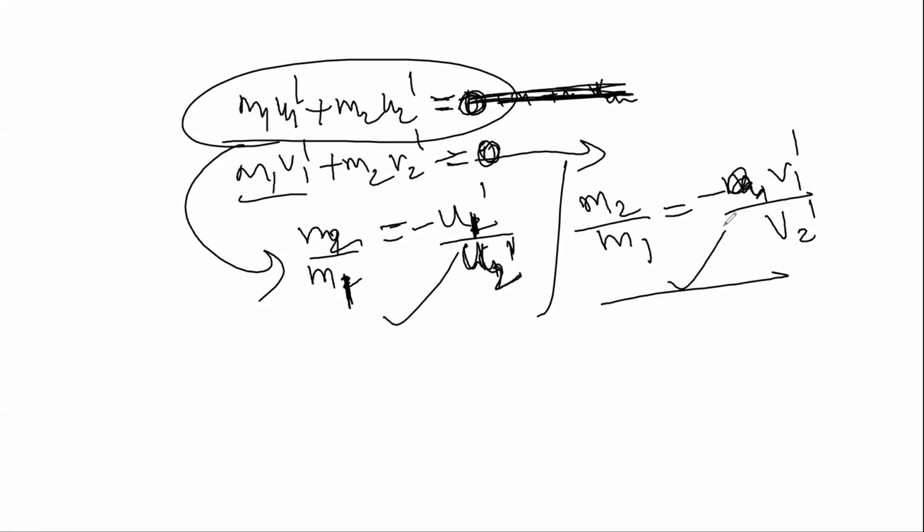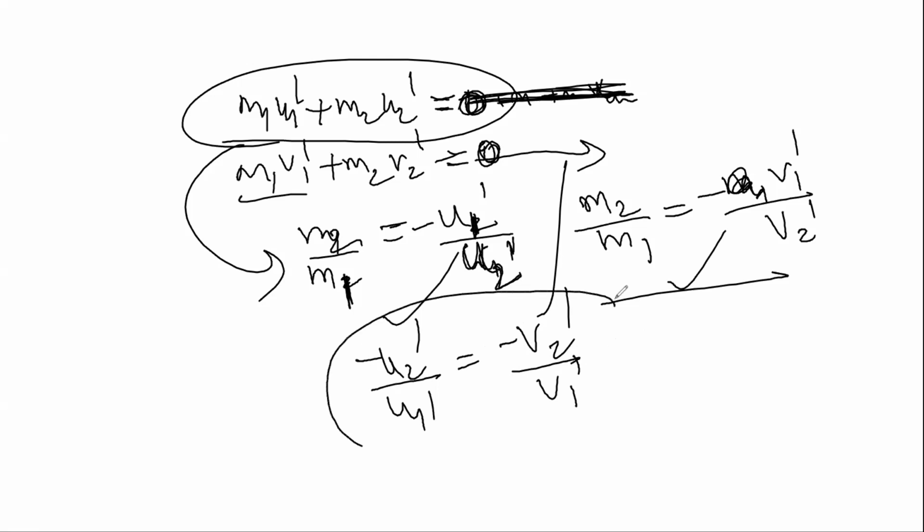So equating these two equations, minus u2 dash by u1 dash equal to minus v2 dash by v1 dash.